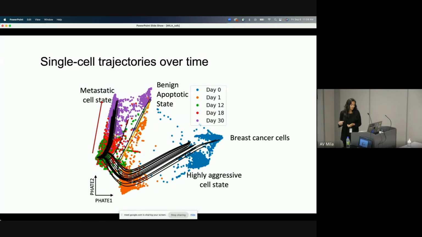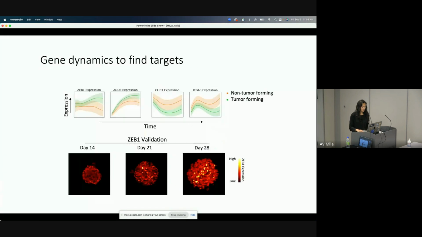The right trajectory, those cells are going to die, so they're harmless. So what we do is we decode back out of the autoencoder space, and we study the gene trends along time. And we can see that the gene dynamics are actually different between the two kinds of fates, the tumor forming and the non-tumor forming.